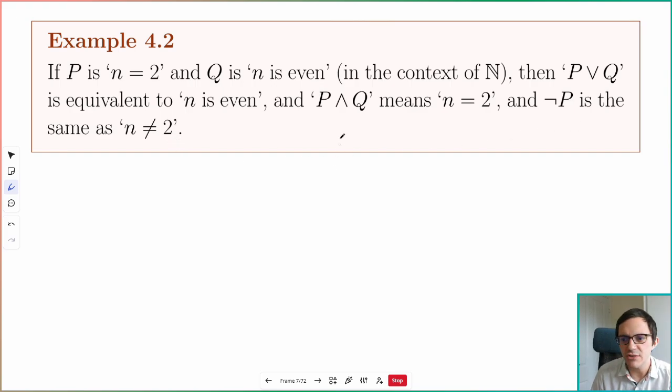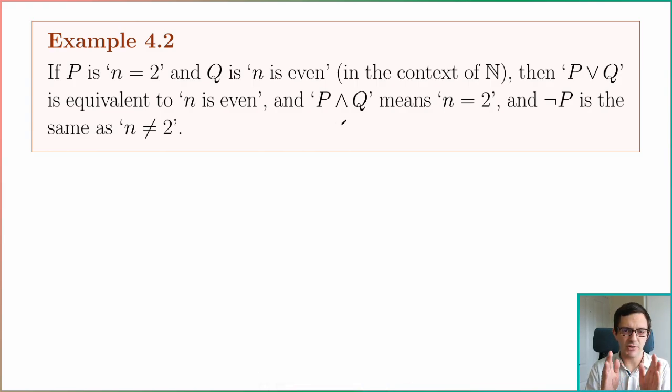There's a symmetry to these first two things between P and Q. So if you check the truth table, then you'll see that swapping P and Q doesn't affect the truth of the statement P and Q. It's equivalent to Q and P. And also P or Q is equivalent to Q or P.